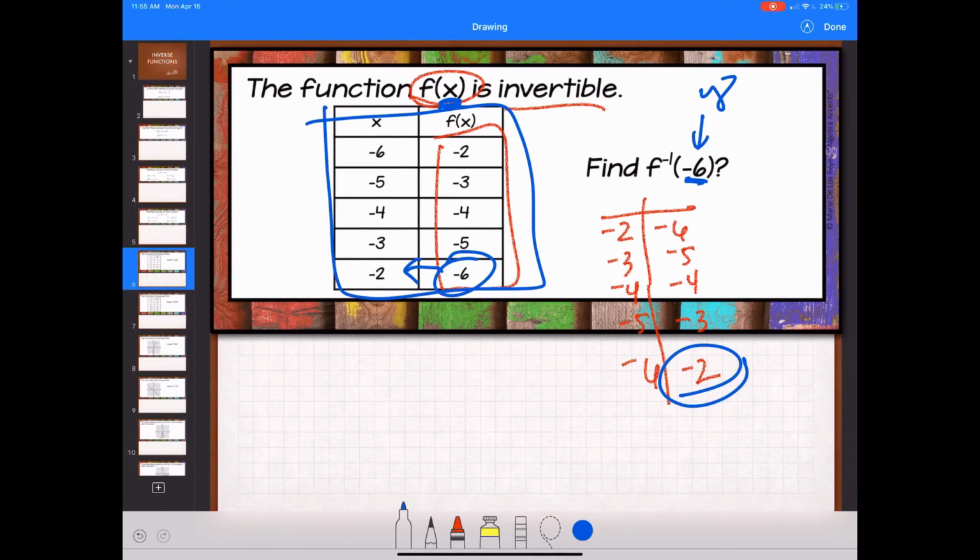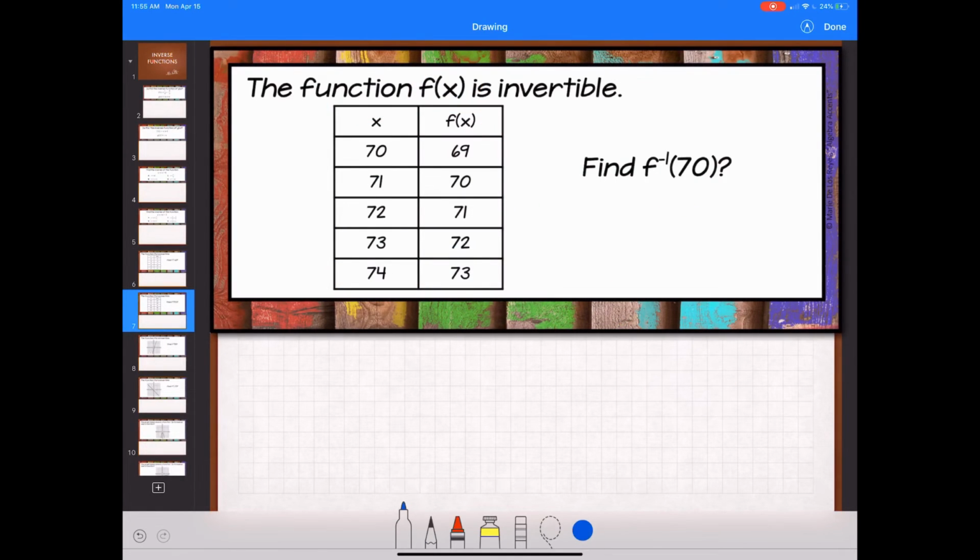Therefore, its corresponding value is -2. So right here in this table, I'm looking for 70 as the y, and therefore its corresponding value is 71.